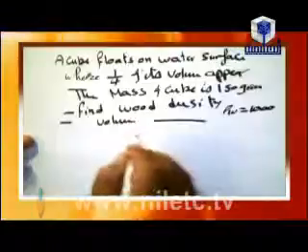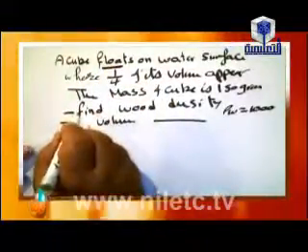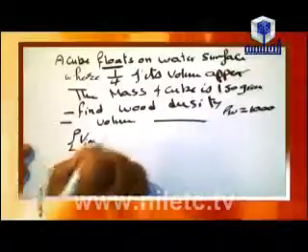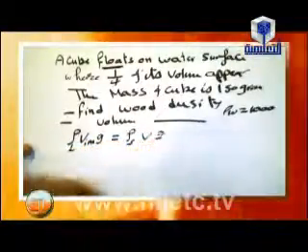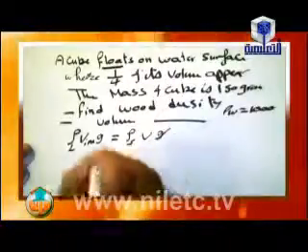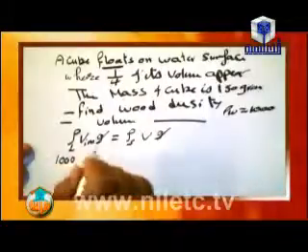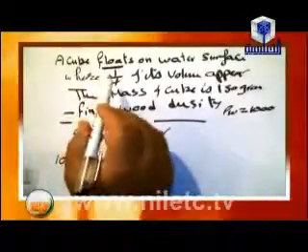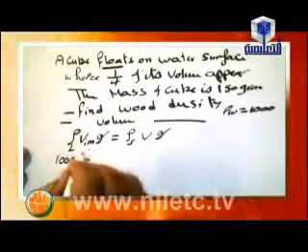So a cube floats. The meaning of float is that we use the rule: F_B, rho liquid times V immersed times g, is equal to rho solid times V times g. We can cancel g, and rho liquid equals 1000. For volume immersed, we know that 1/4 of the volume appears, so 3/4 of the volume is immersed.